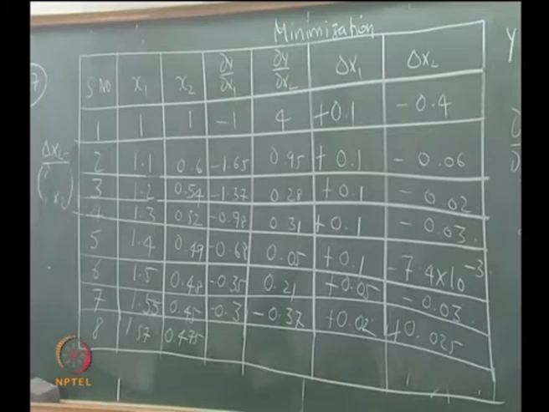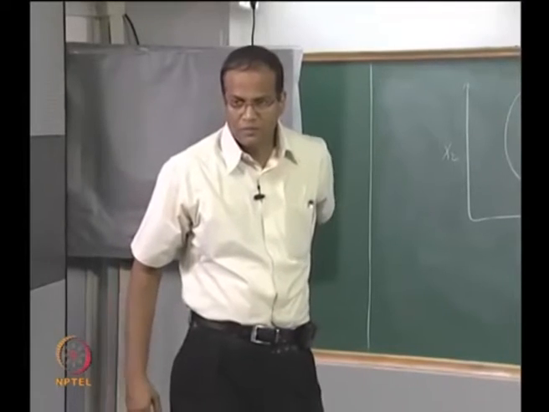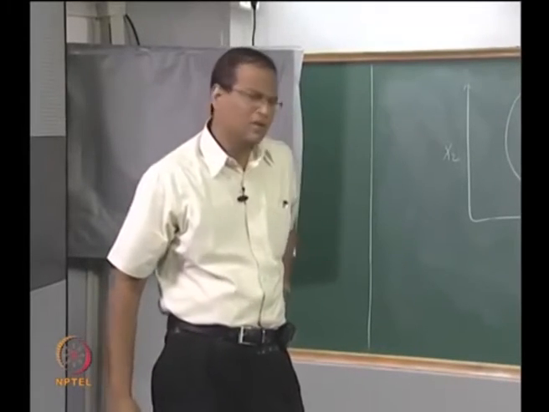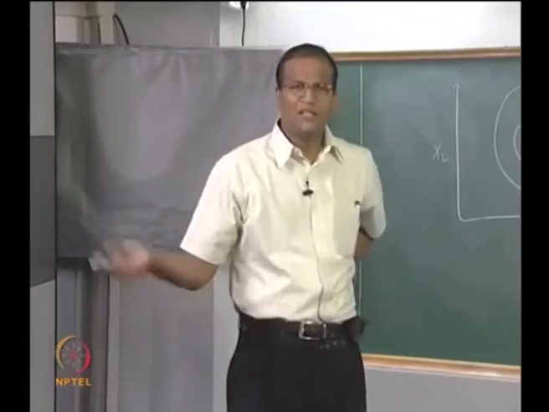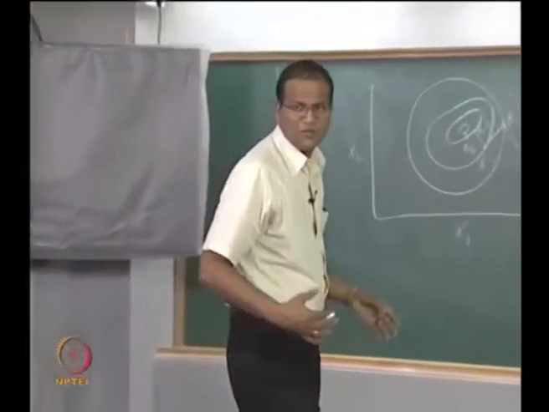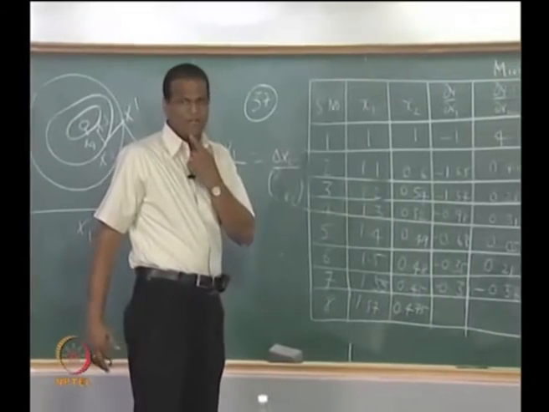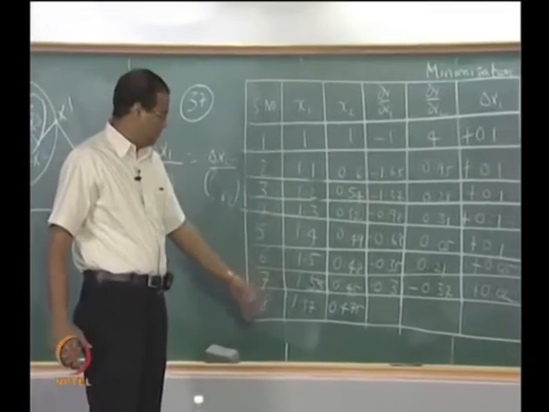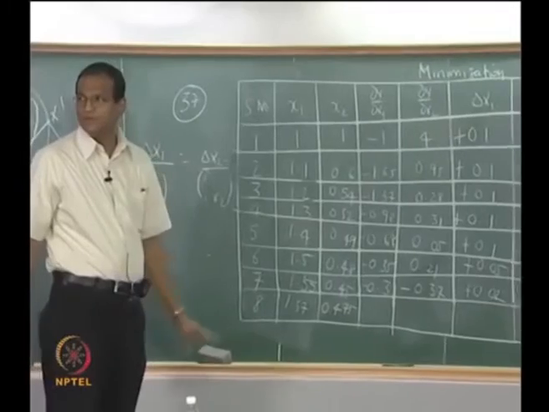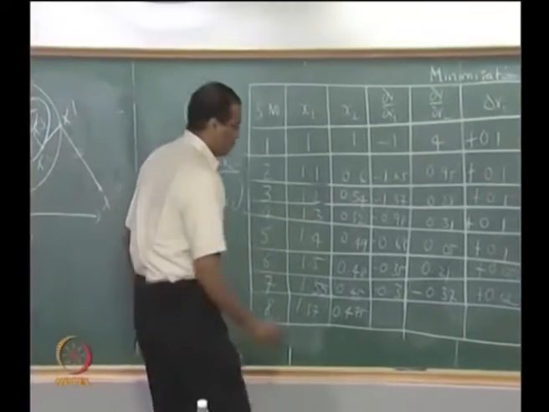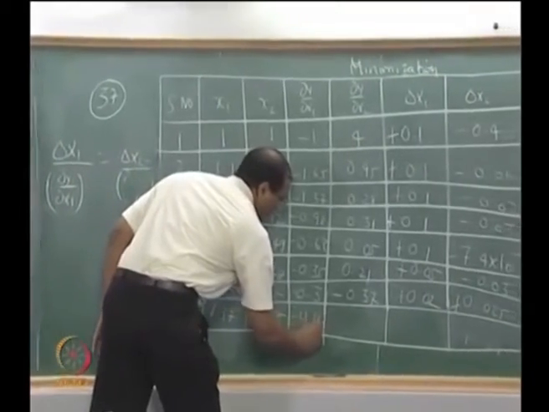Yeah, now complete this dy by dx1. No, if it becomes minus, that means you have to change the delta x1 because x1 x2 should not become negative. Minus 0.14. 0.35.